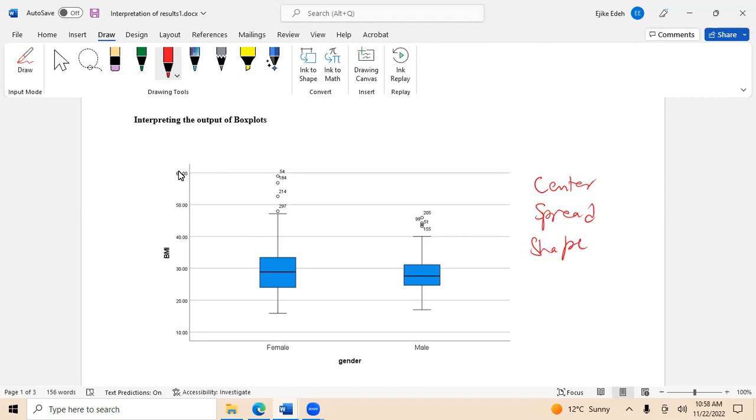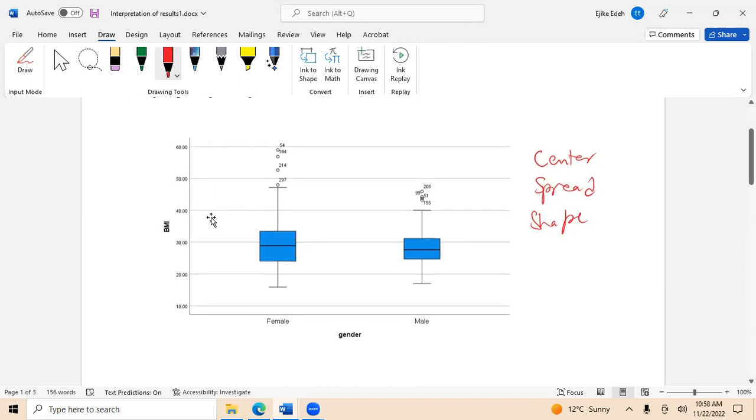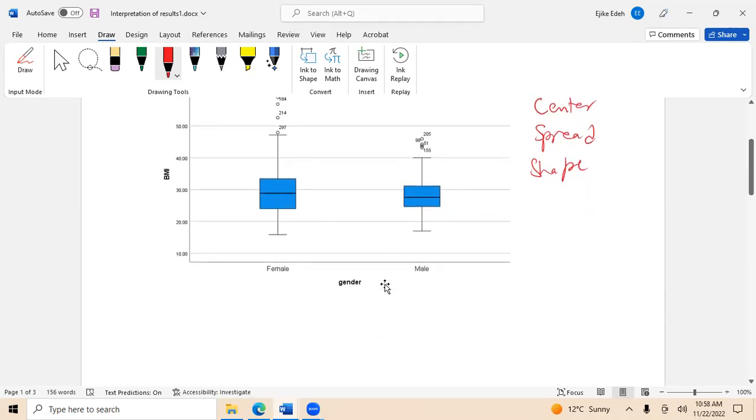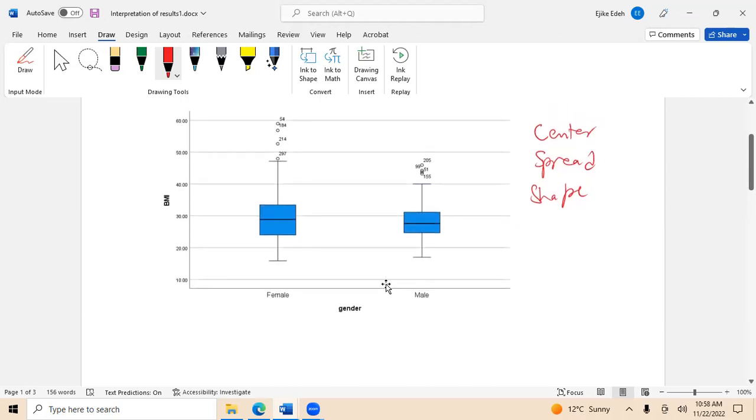When you're doing data analysis, this is the first thing you do, your descriptive, and most common among the descriptive are box plots and scatter plots when you're working with continuous data. So let's look at these two and try to give some interpretation to these three things.